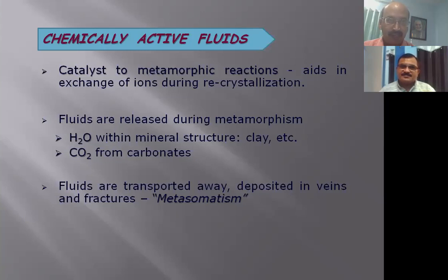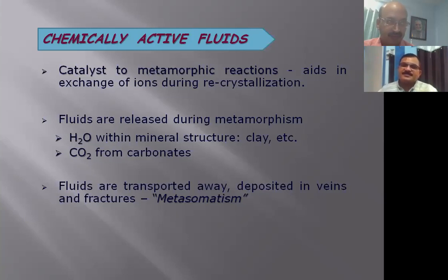The sources of heat or change in temperature: one is the magma chamber, another is radioactive minerals, and the third is the geothermal gradient, the rate at which temperature increases.